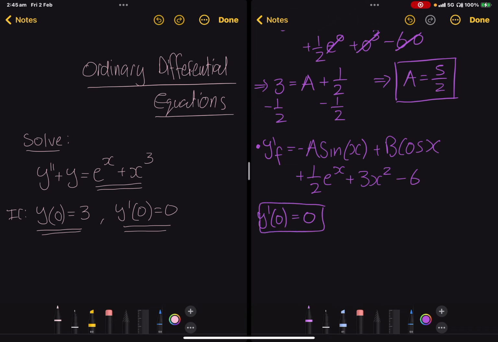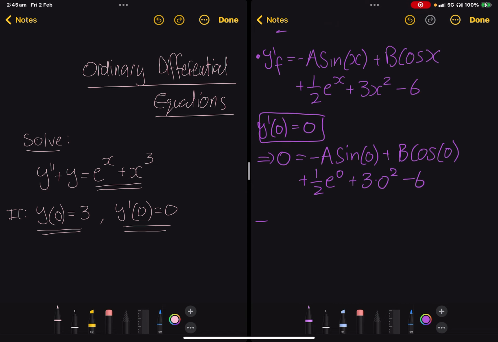So this implies that 0 is equal to minus a times sine of 0 plus b times cosine of 0 plus 1/2 times e to the 0 plus 3 times 0 squared minus 6. Now we're going to be very careful here. We have a few different negatives floating around. This gives us 0 is, the a term goes away because sine of 0 is 0.